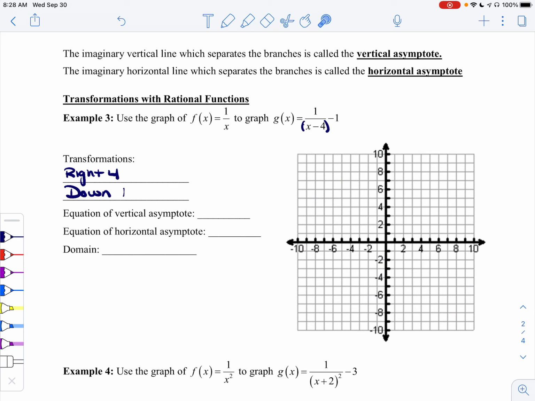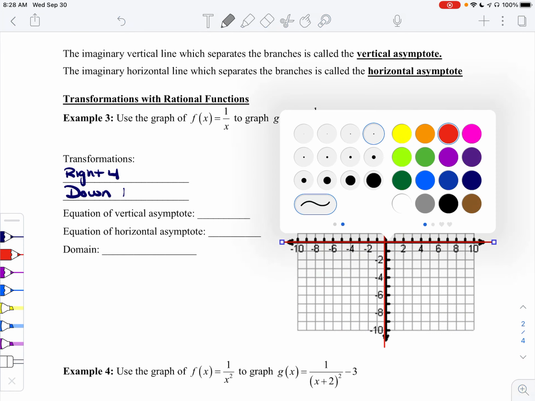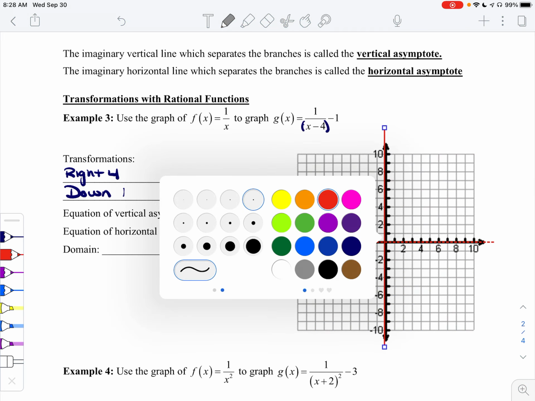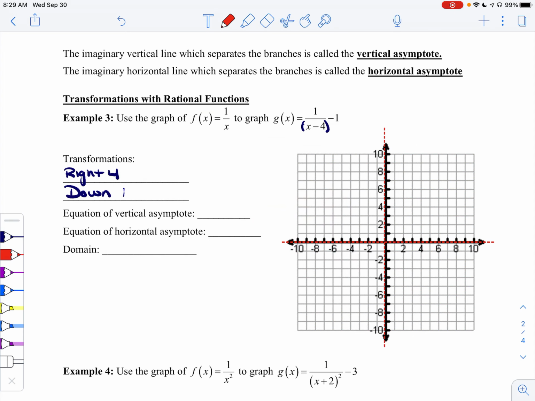Well, let me go ahead and just draw in the parent function for a second. You don't have to draw this if you're following along with me in the notes. Don't draw this just yet. Let me make this a dotted line here real quick. Okay. So this is from our parent function, the vertical asymptote at x equals 0 and the horizontal asymptote at y equals 0.